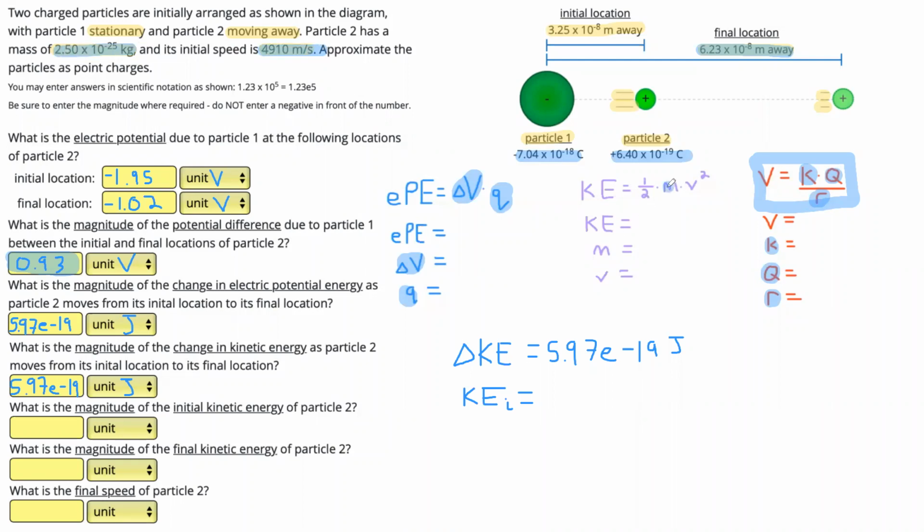So we know both m and v in our kinetic energy equation at the initial location. So we can use that to figure out our initial kinetic energy. If you put those values of m and v into your equation, you will get a value of 3.01 times 10 to the negative 18 joules for your initial kinetic energy. So we can fill that out here.